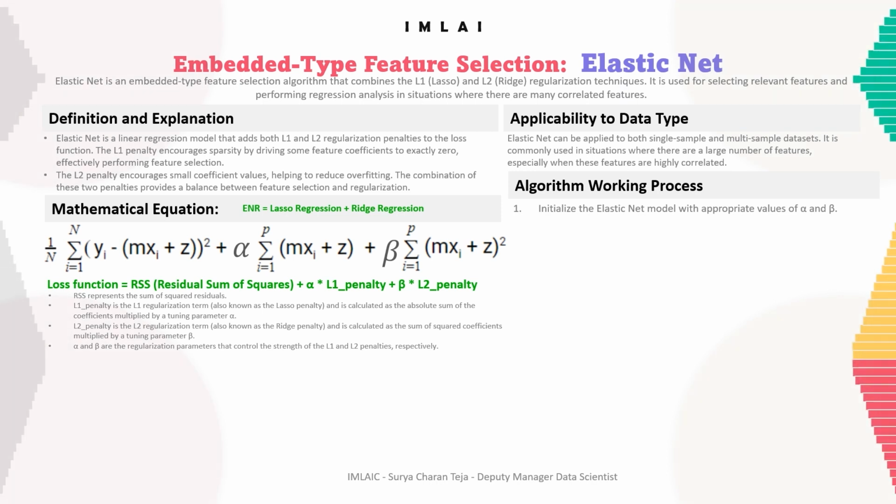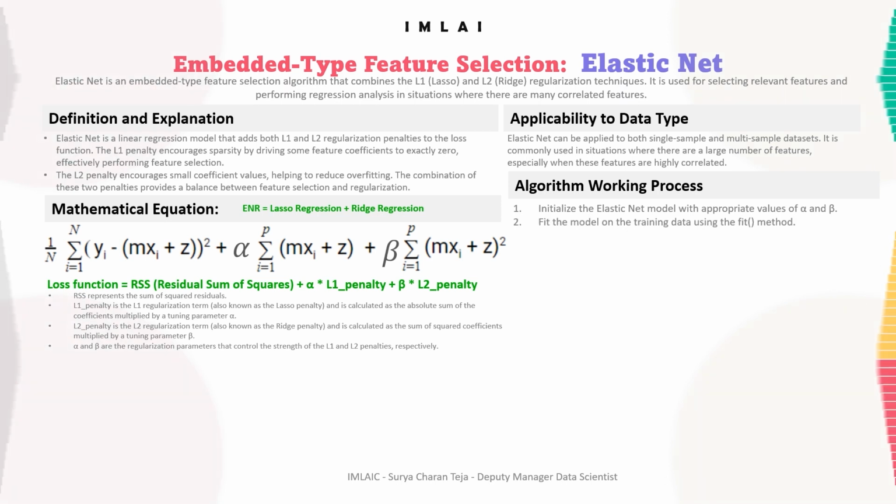Then fit the model on the training data using the fit method. The third step is that during the training process, the model optimizes the coefficients by minimizing the loss function, which includes the RSS, residual sum of squares, and the regularization penalties.